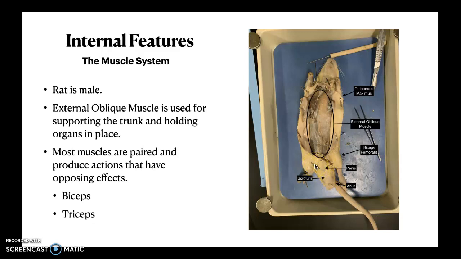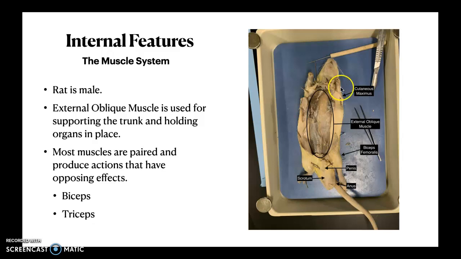Continuing on and looking at some of the muscle structures, we weren't able to look at too many muscle systems, but to kind of show a few, we have our external oblique muscle, which is basically just the abdomen, and that is used for supporting that trunk as well as holding all of the organs in place.